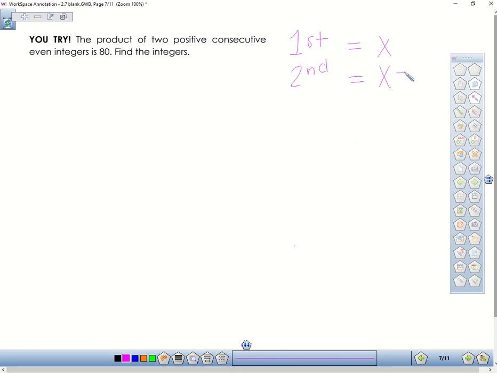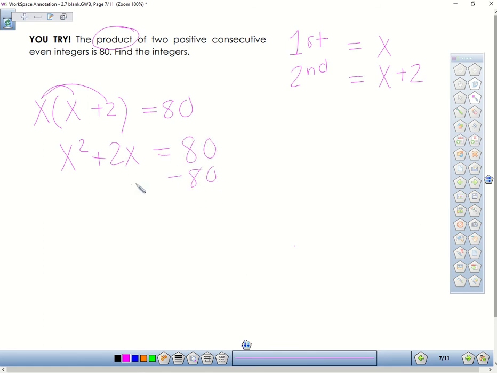So it's going to be x plus 2, because that's how you get to the next even number. Like if I pick 6, the next even number is 8, 2 added to that. Now we know that the product, which is multiplication, of those two expressions is equal to 80 according to the problem. I'm going to use the distributive property, which gives me x squared plus 2x is equal to 80.